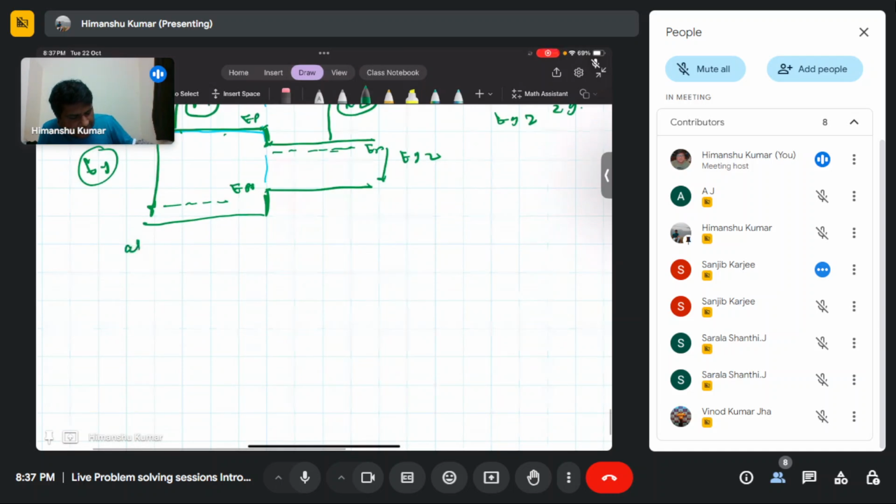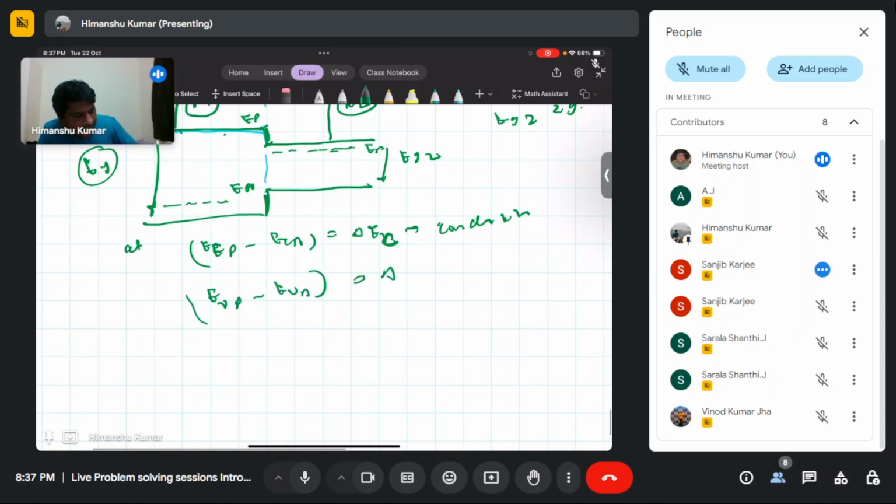So at the junction, EC of P side minus EC of N side will equal this delta EC. This is known as the conduction band offset. Similarly, EV of P side minus EV of N side will also be constant, delta EV. This is the valence band offset.